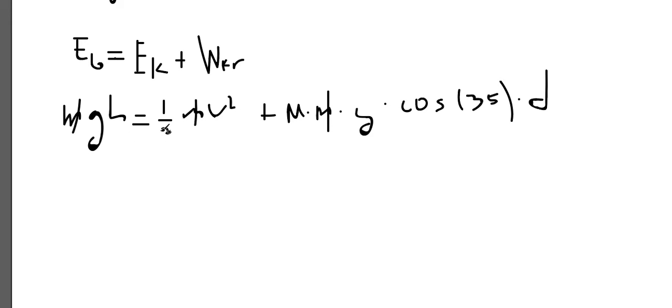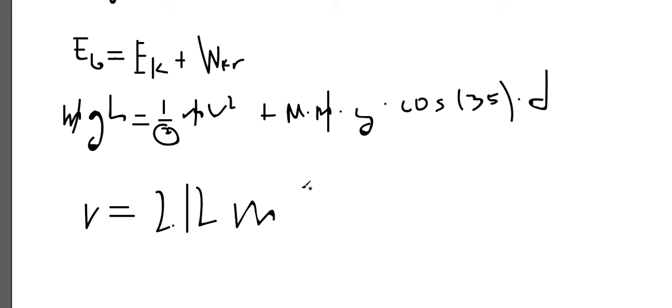We multiply it by this 2 over here. Yeah, we multiply by 2, and then we take the square root of that answer, and we get that the velocity is 2.12 meters per second.